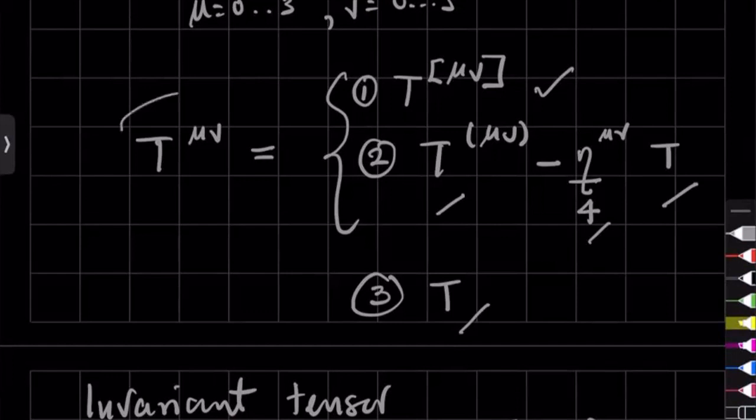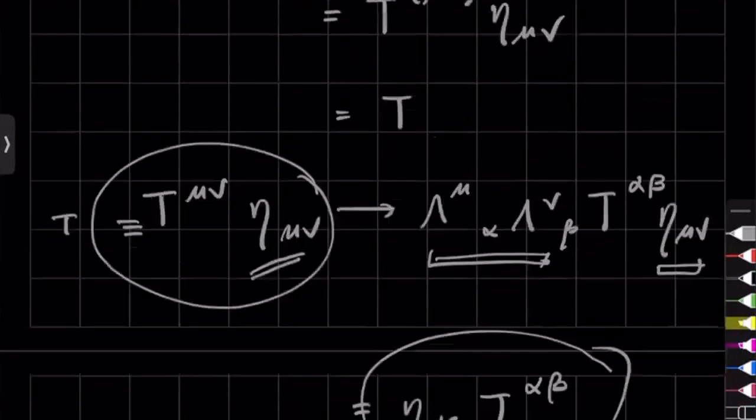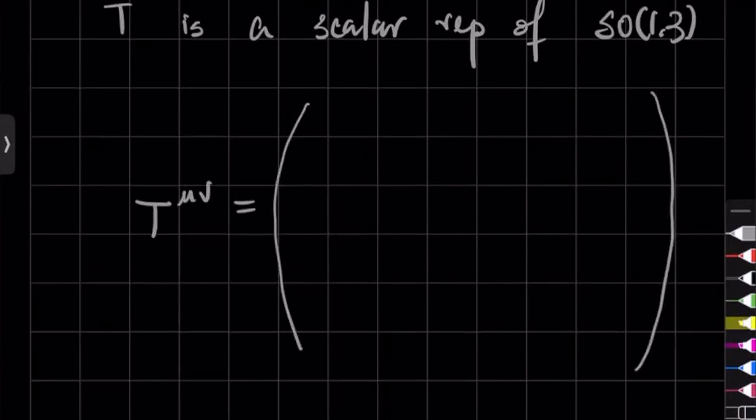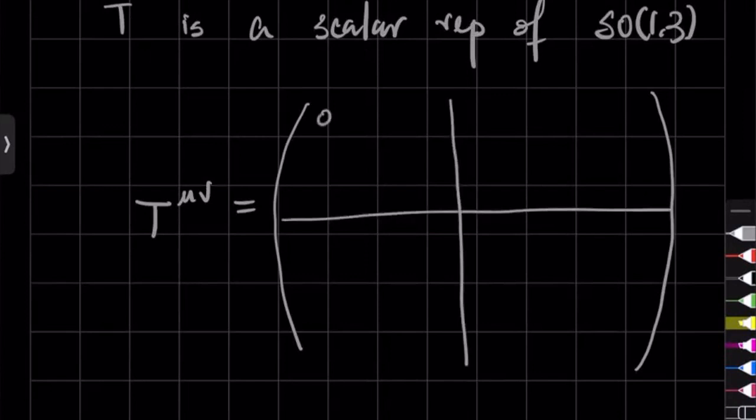So we can write T^{μν} in the following way, where basically we have a 16 by 16 matrix, but then we have a 4 by 4 part, where this is, let's just call this E1, E2, E3.